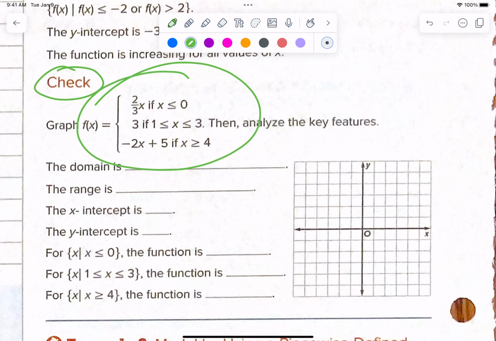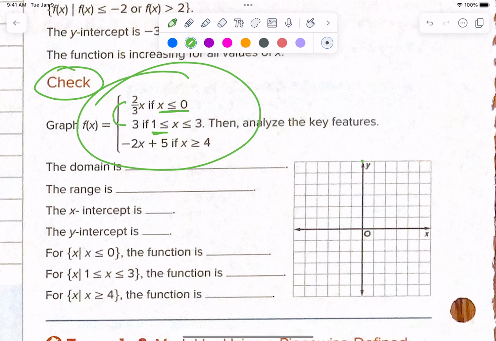Okay, now the problem with this one is there's 3 pieces. So where does he switch from the top one to the middle one? Here it's only talking about less than 0 and here it's starting at 1. Okay, I'm gonna make a dotted line there.